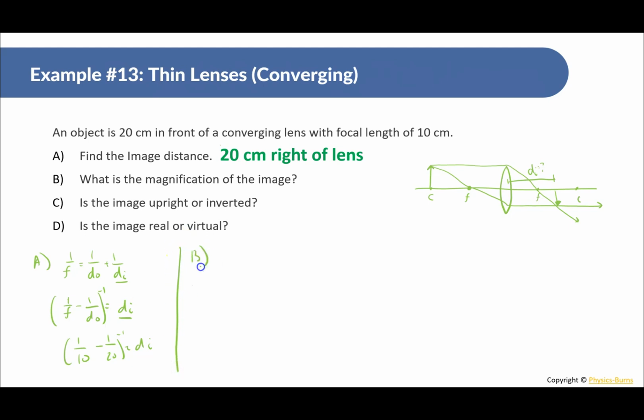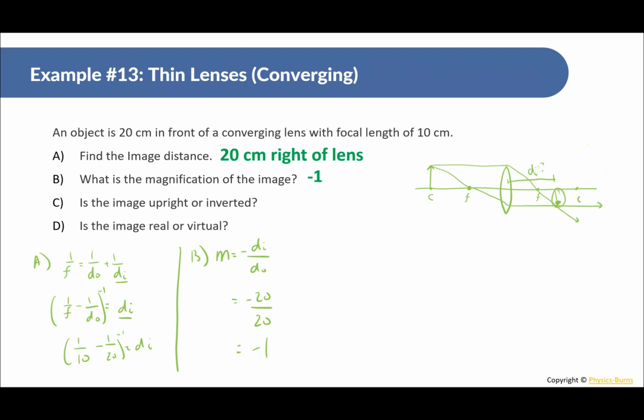Part B, what is the magnification of the image? So remember, magnification is equal to negative distance of image divided by distance of object. So distance of image is 20 centimeters, and then distance of object is 20 centimeters. Oh, okay, so this magnification is just -1, meaning, like we said, it is upside down.